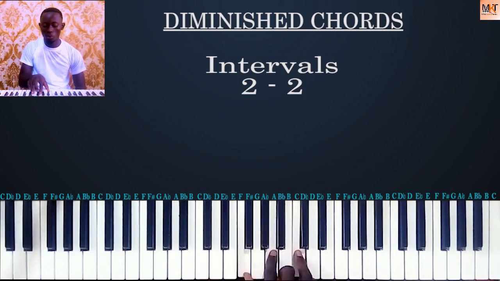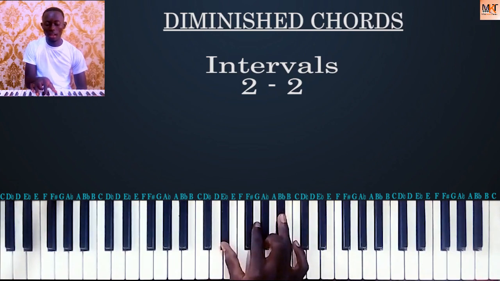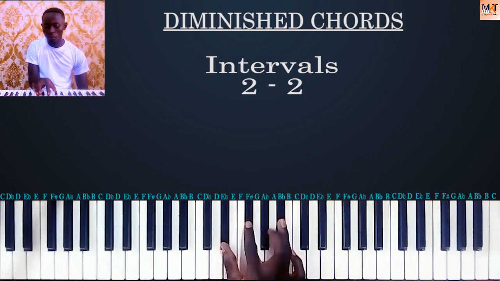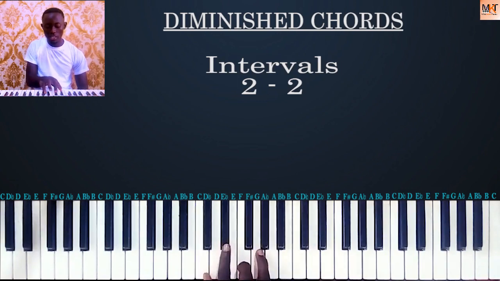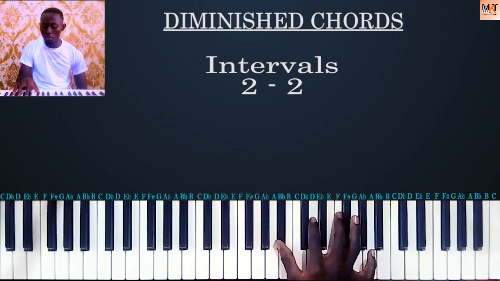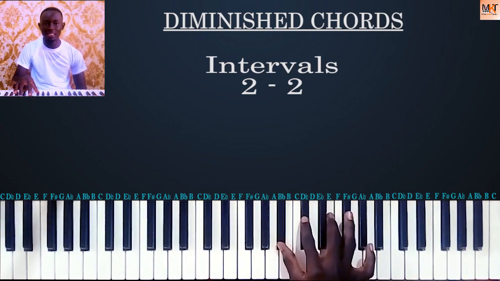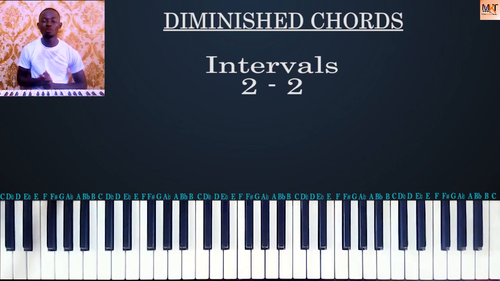So F major, F diminished. E flat major, E flat minor, E flat diminished. C major, C minor, C diminished. B flat major, B flat minor, B flat diminished. And that's how we form diminished chords.